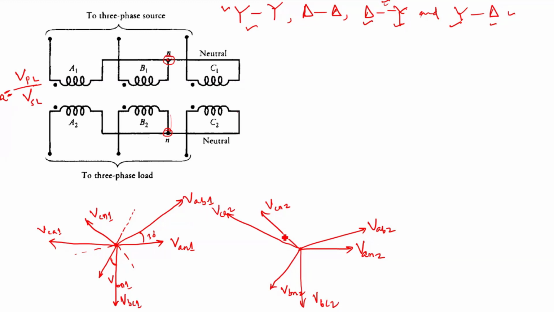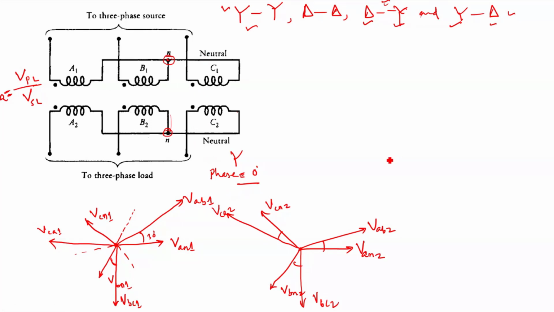Now if we see the phase difference between the primary line voltage and the secondary line voltage, what is the phase difference? The phase difference will be 0 degrees. Therefore we call it a 0 degree connection, a star connection with zero phase difference between the primary voltage and the secondary voltage.